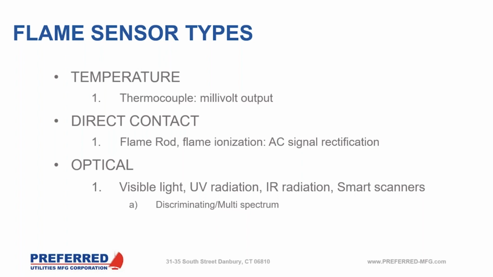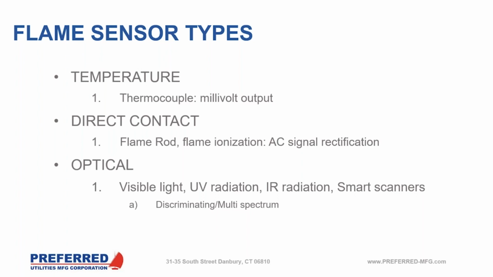And we also will have smart scanners, and the smart scanners in the optical realm are going to be the ones that probably are using a solid state element. They are a bit different than your standard and most common UV tubes, but they will use a lot of times the same type of element as our standard lead sulfide scanners, but they will have processing built into them, so they are different, and we'll discuss that a little bit more in depth later.